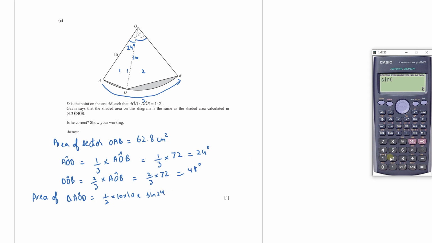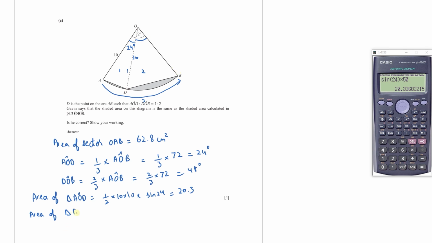So 10 times 10 is 100, 100 divided by 2 is 50. So I'll just simply multiply sine 24 by 50. So this area up to three significant figures is 20.3. And then the area of triangle DOB.